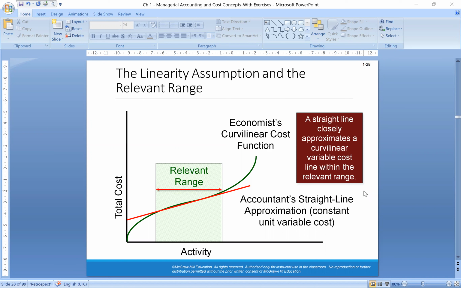A straight line closely approximates a curved linear variable cost line within a relevant range. The accountant's straight line approximation assumes constant unit variable cost, which means, or the target for this slide, just to say that we do have a relevant range for a cost to be constant, and it can change if we go beyond the capacity or beyond the relevant range.